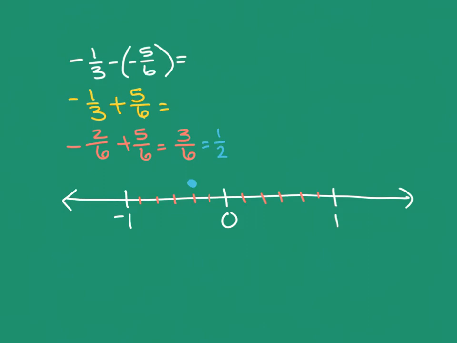So there's 1/6, 2/6, 3/6, 4/6, 5/6, and I land right here at 3 out of 6 equal pieces in the positive, which of course is also 1/2 once it's reduced. So there it is calculated, just to refresh your memory, and there it is on number line form so your brain can see it.